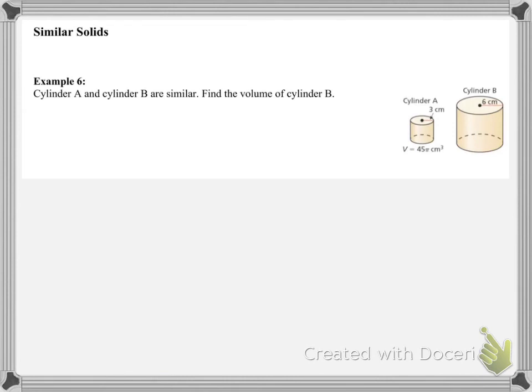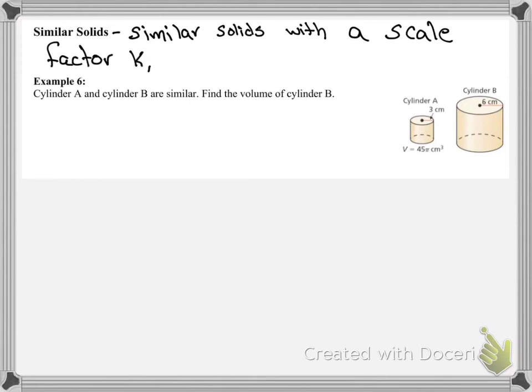Okay. Similar solids. If two solids are similar, then the ratio of their scale factor, so let's say their scale factor is K, the ratio of their volumes would be... So if I have similar solids with a scale factor of k, then the ratio of their volumes is k cubed, because again, their volumes are in units cubed.